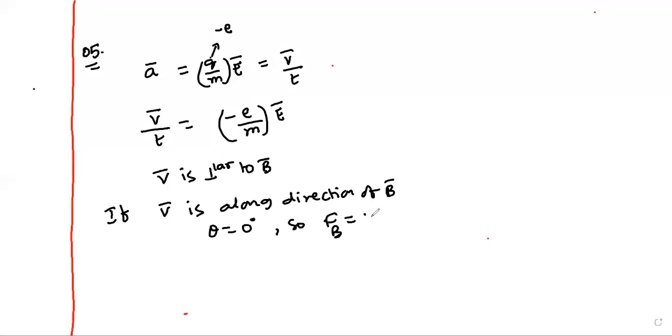So magnetic force is 0. So V bar is negative now. V bar equals minus e into E by m into t times E bar. So velocity decreases now.